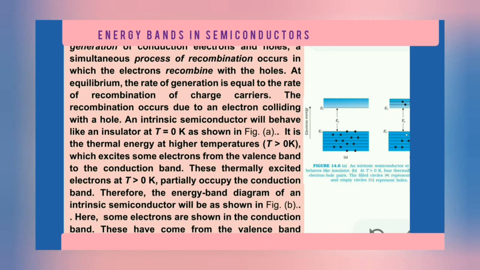Now see the explanation. Recombination occurs when electrons collide with holes.